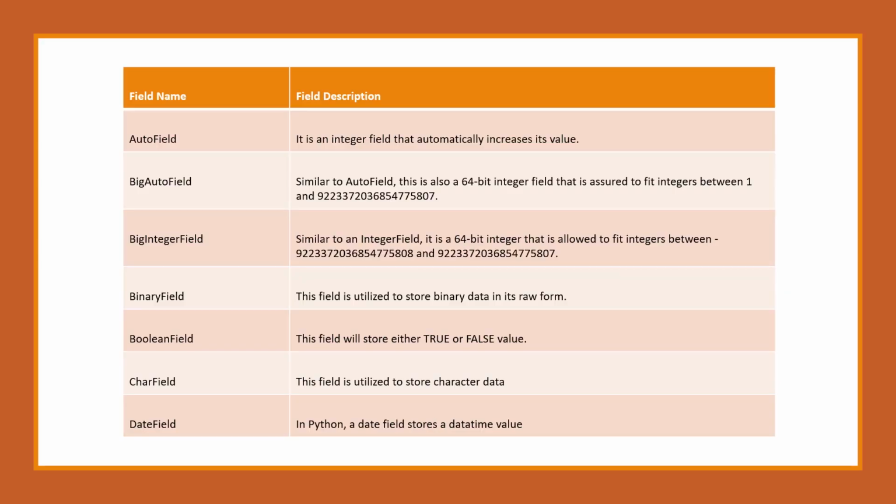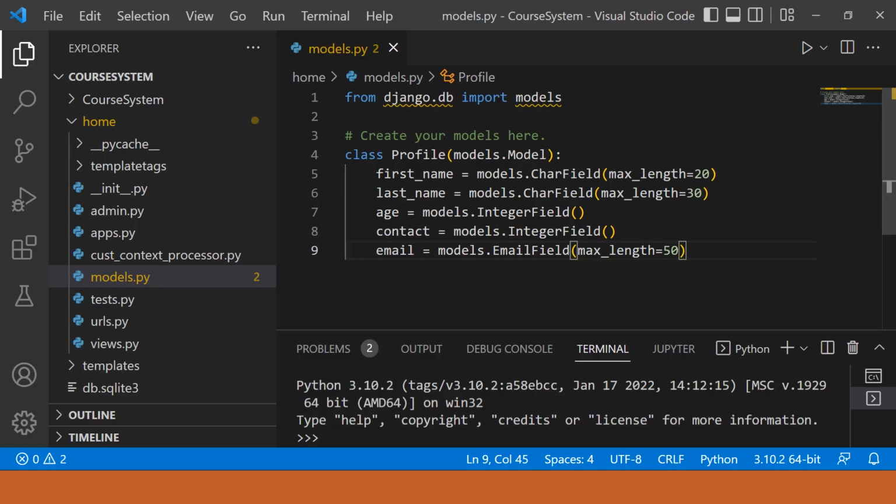Now there are multiple fields, or we can say multiple attributes, that we can use to define different types of fields for our table. You will get the complete list of field names in the document which is available with this video, so you can go through that once and you will get to know how many different types of fields we can have for our model.